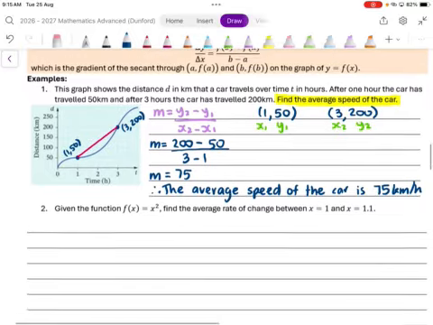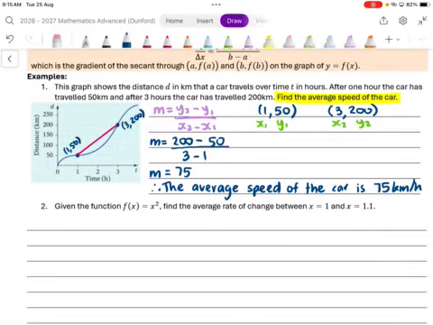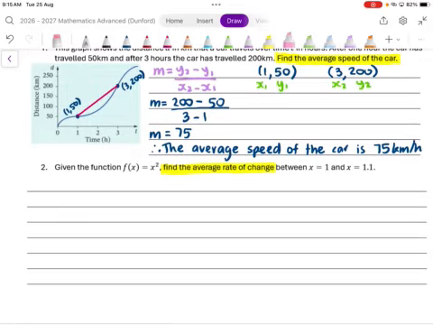Amazing. Okay, our next example, we're given the function f(x) equals x squared. Again, we want to find the average rate of change, but we want to find it between x equals 1 and x equals 1.1. So whenever we see the average rate of change, it's telling us to find the gradient of the secant.